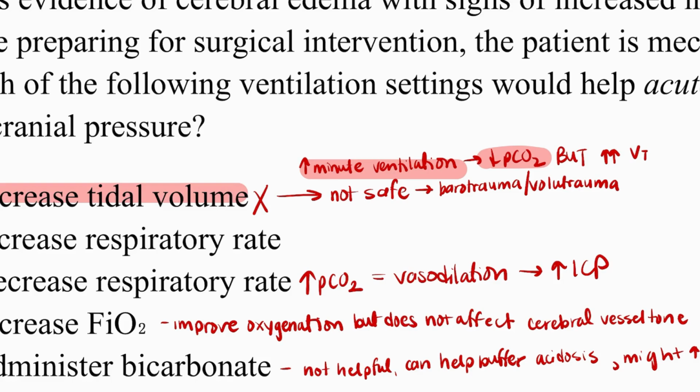But when you increase the tidal volume to a very high amount, that is not a first-line treatment option because it's generally not safe, because it could introduce barotrauma or volutrauma. So even though it would technically reduce the partial pressure of CO2, it is not safe, right? So generally we would like to increase the respiration rate.